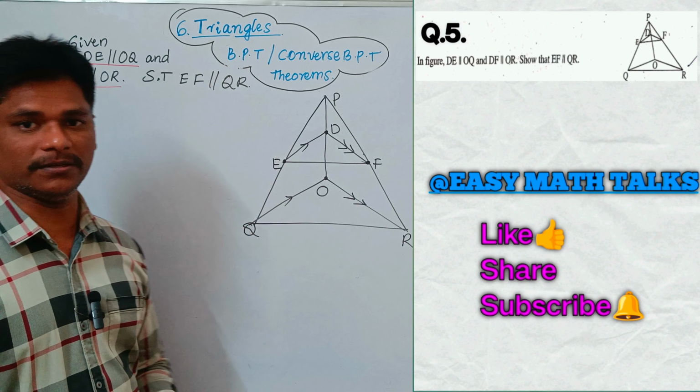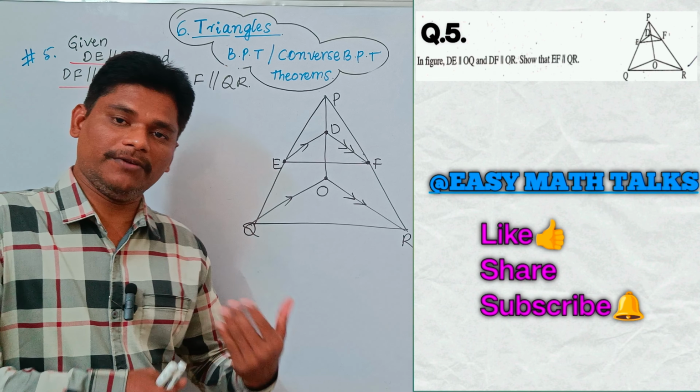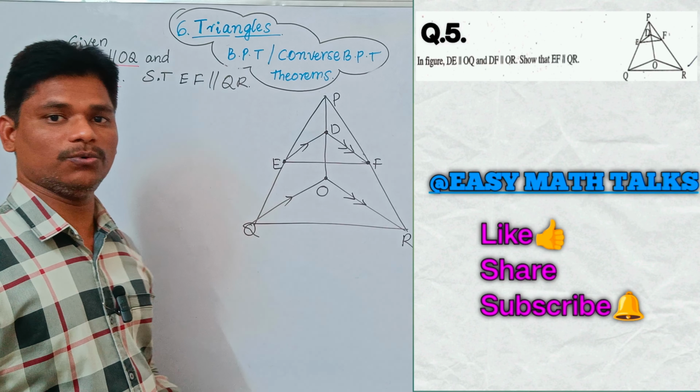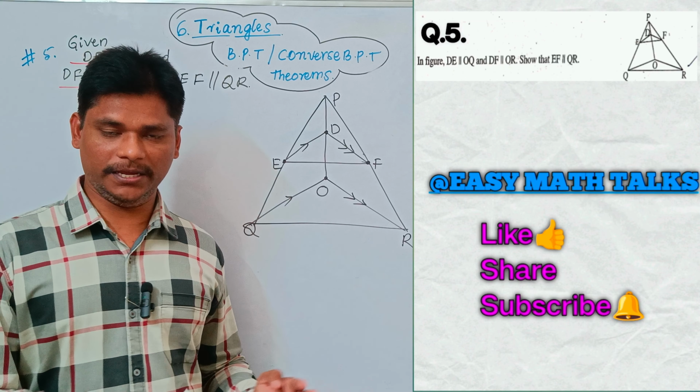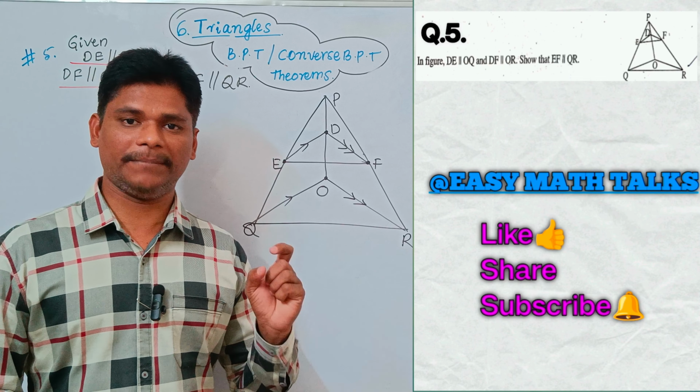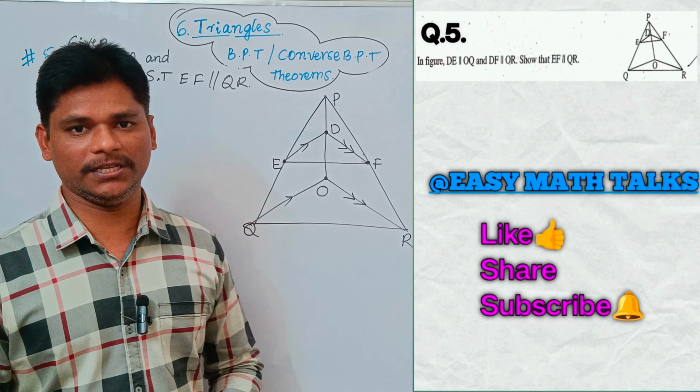That is the BPT. Whenever the two sides are divided in the same ratio, then the line drawn is parallel to the opposite side of the triangle. That is the converse BPT theorem.